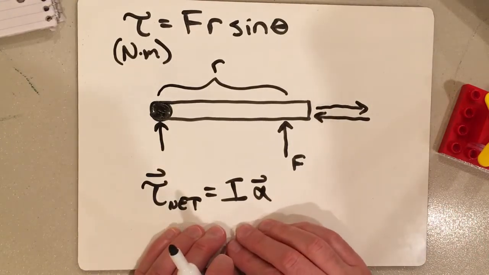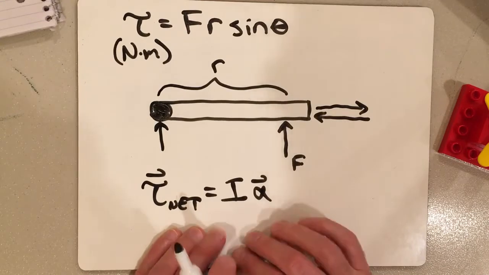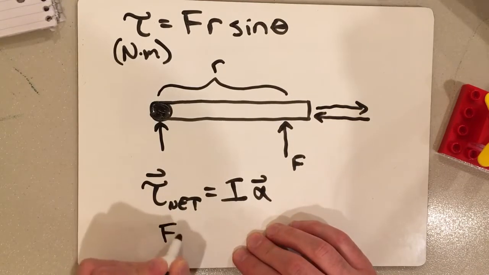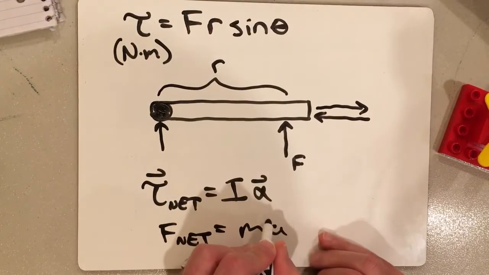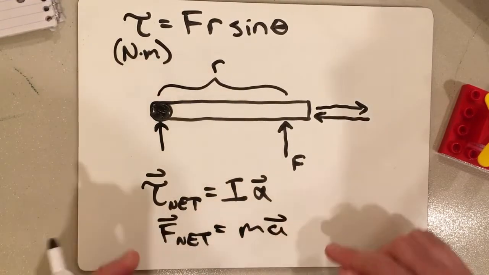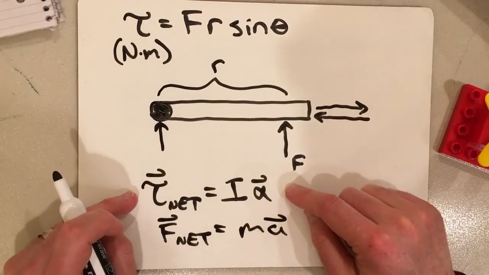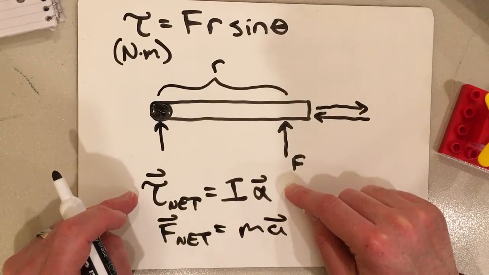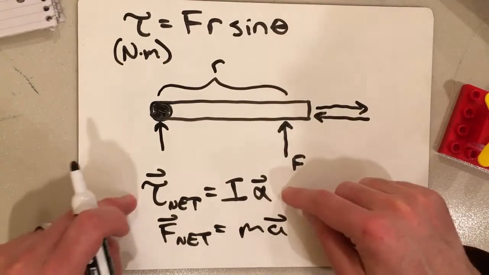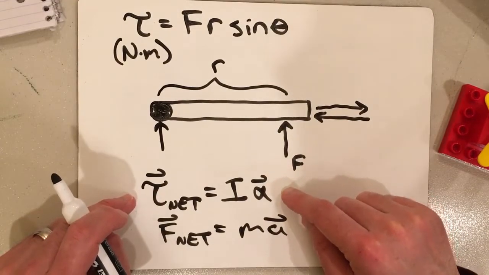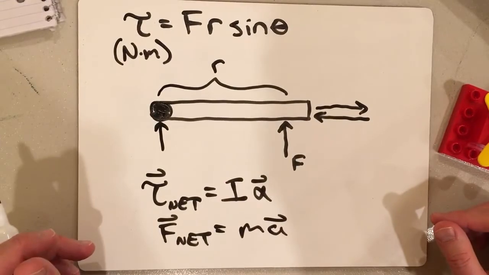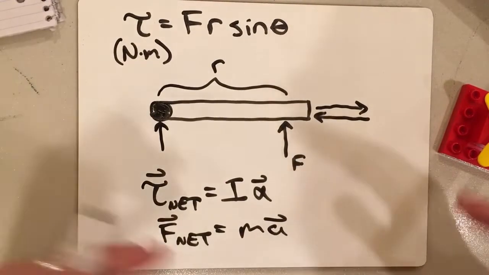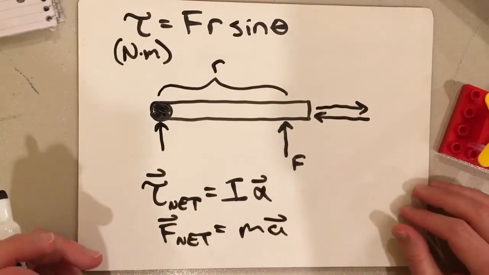Notice this looks a lot like Newton's second law, which says the net force equals ma. This is essentially Newton's second law for rotation. And so for the net torque, we would combine together all the torques, taking into account whether they're clockwise or counterclockwise.